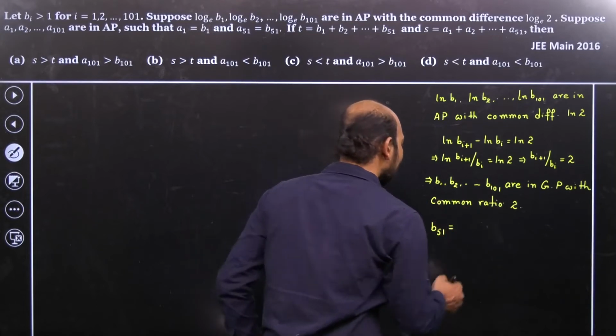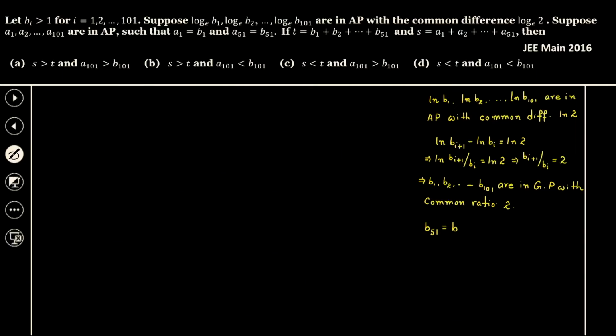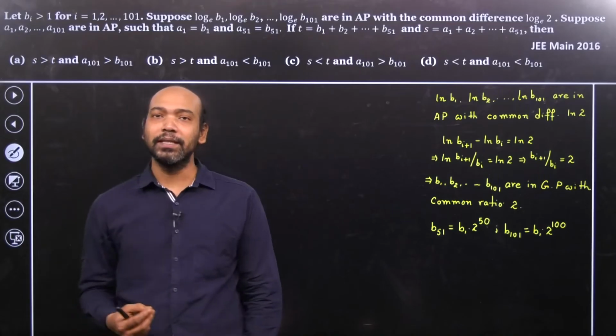Therefore this term can be written as B1 multiplied by 2 to the power 50. And if I calculate B101, that's simply equal to B1 into 2 to the power of 100.